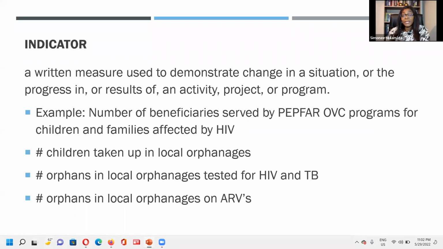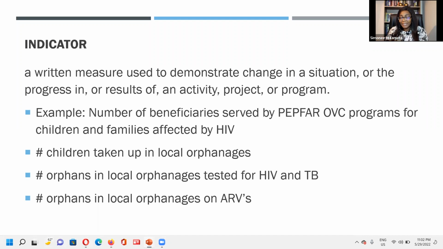Important in monitoring and evaluation are our indicators. An indicator is a written measure used to demonstrate change in a situation or progress. I call it a measuring tool. It measures change, it measures results of an activity. It speaks of the number of individuals that benefited from a program.